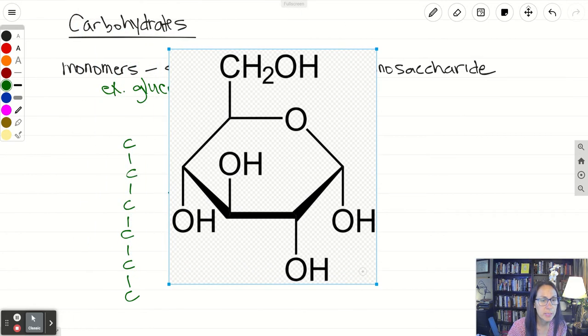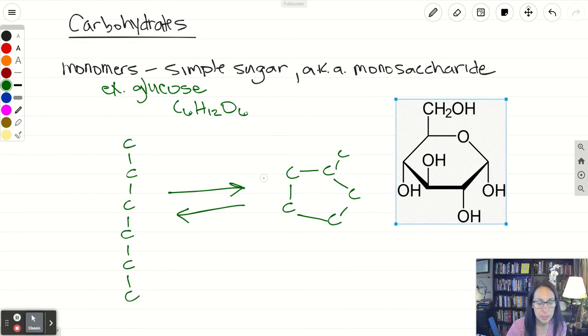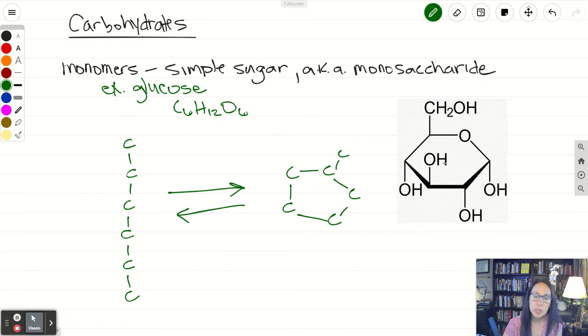Okay, so here is what a glucose molecule looks like exactly. You are not expected to know this. All you need to know is that a molecule of glucose has 6 carbons in it.